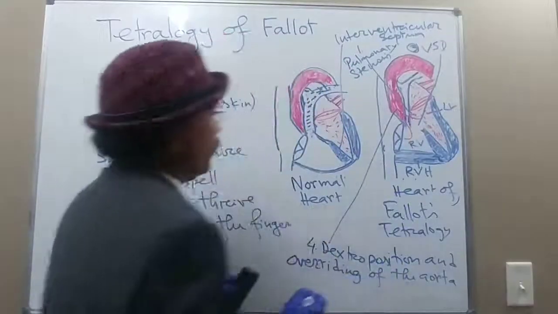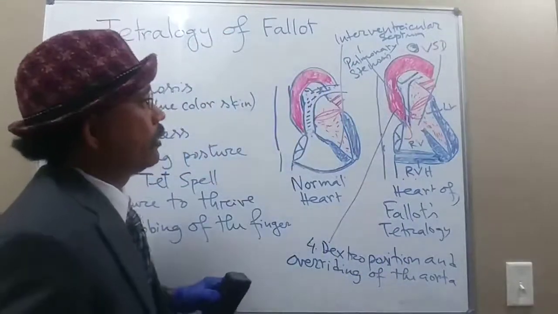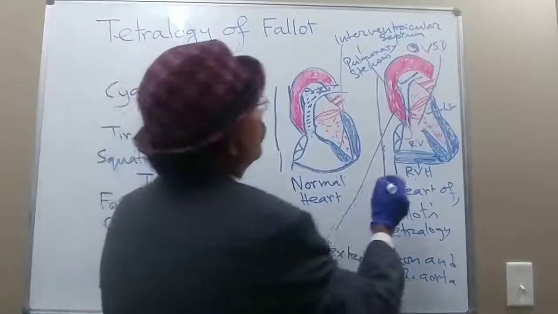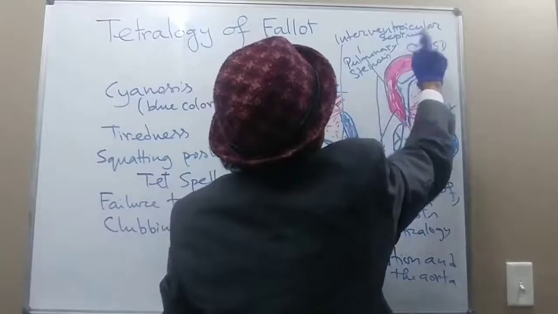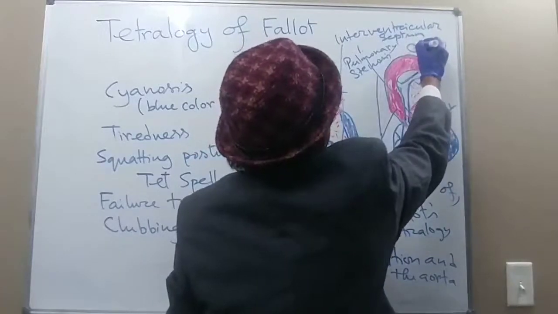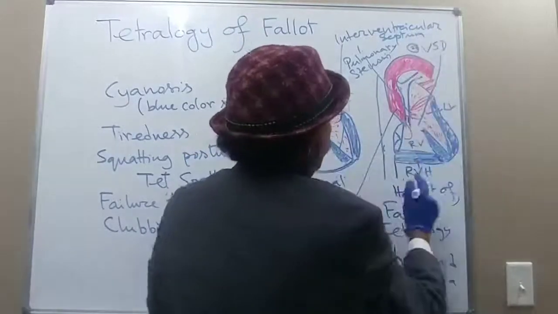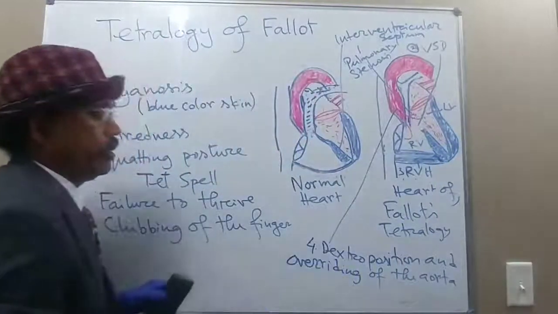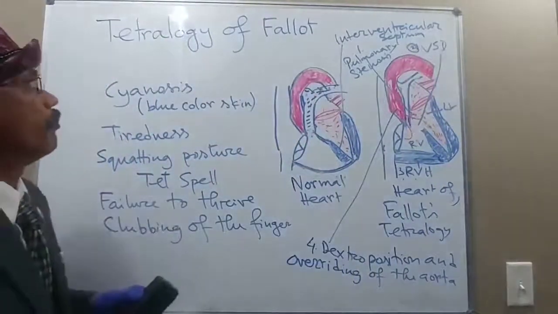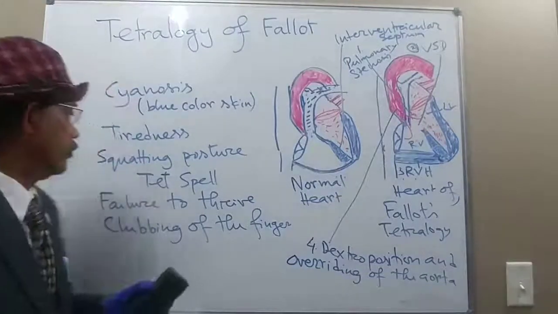And juxtaposition overriding of the aorta. So: pulmonary stenosis, ventricular septal defect, right ventricular hypertrophy, and juxtaposition overriding of the aorta. These 4 are the components of Fallot's tetralogy.